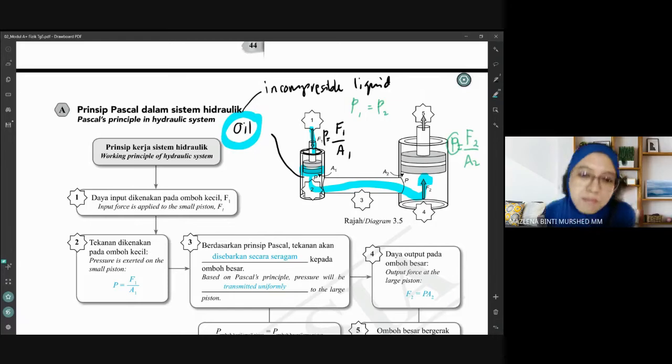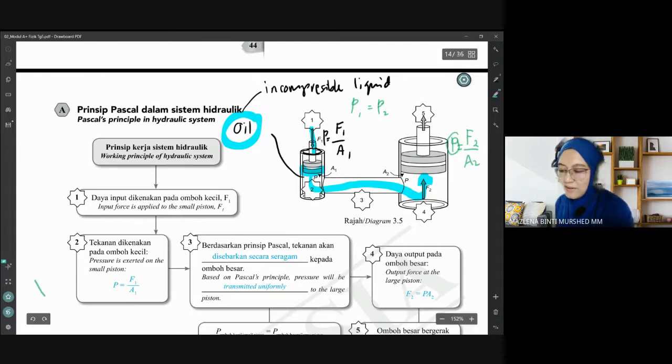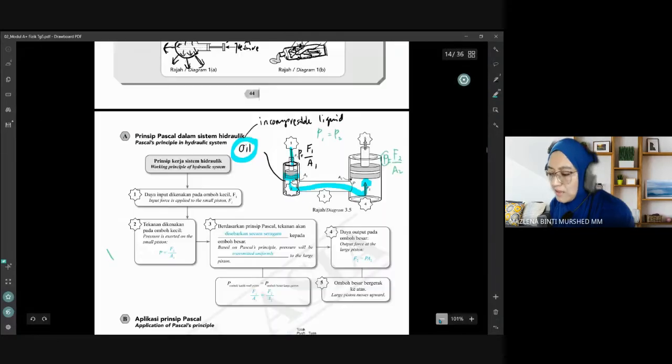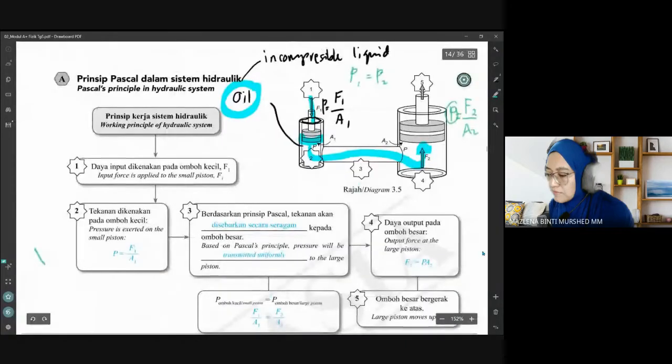But what makes the difference? What makes the hydraulic system very good? What is the advantage of the hydraulic system so that we can use it in our daily life? What is the benefit of the hydraulic system? Based on Pascal's principle, pressure will be transmitted uniformly, all right? And the formula is here.